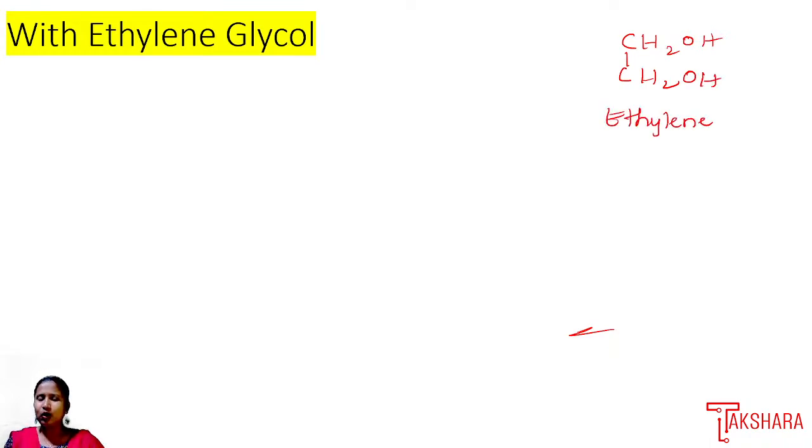Now, by using this ethylene glycol, when it is treated with aldehydes and ketones, what is the product?